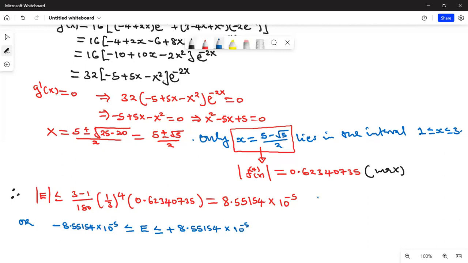So that's the error bound when you use Simpson's third rule.